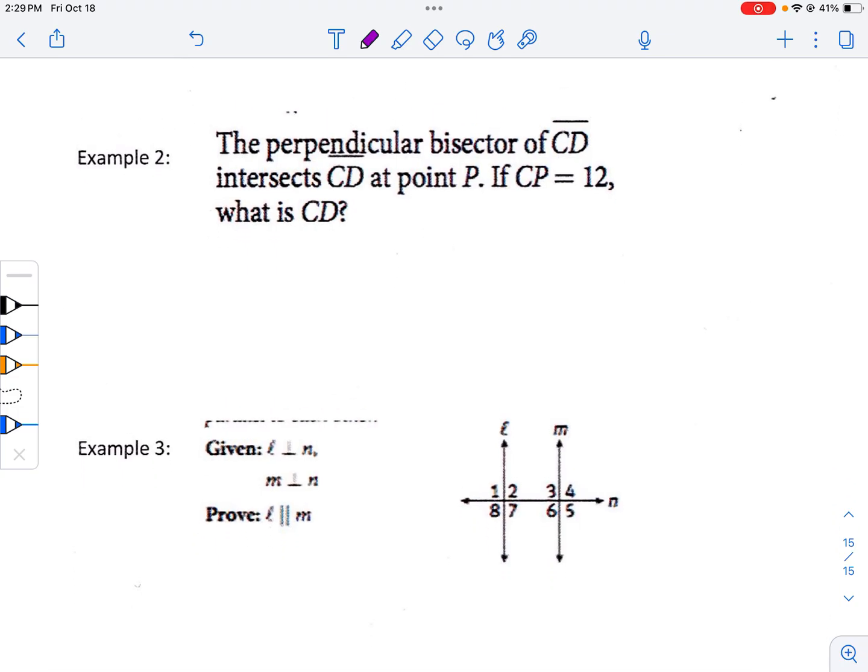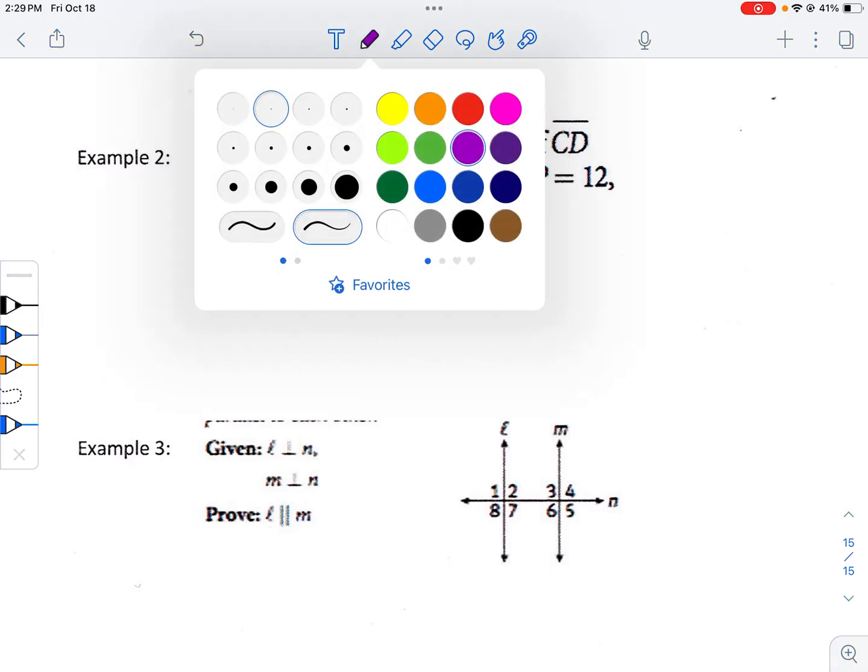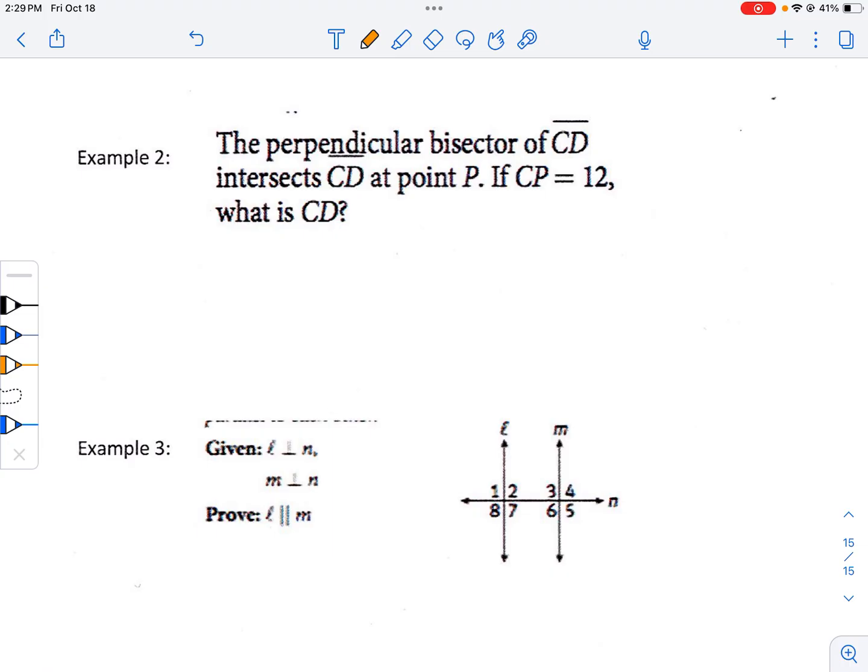If I tell you that the perpendicular bisector of CD intersects CD at point P. Okay, so again, even though these questions are non-algebraic, the picture is going to help you to visualize this. So we've got a perpendicular bisector of CD. So what that means is that CD, that segment, was bisected at point P. Now that perpendicular bisector could be anything.